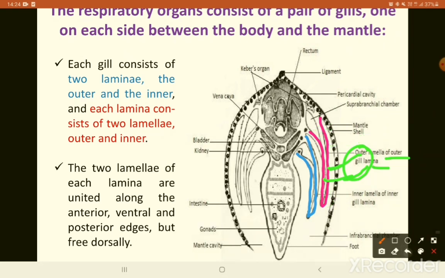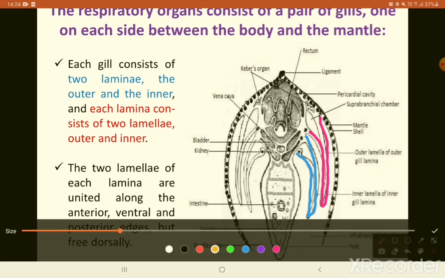Similarly, when you look at the inner gill lamina, shown in blue, it also has an outer fold and an inner fold. These folds are called lamellae. So this is the outer lamella of the inner gill lamina, and this is the inner lamella of the inner gill lamina.